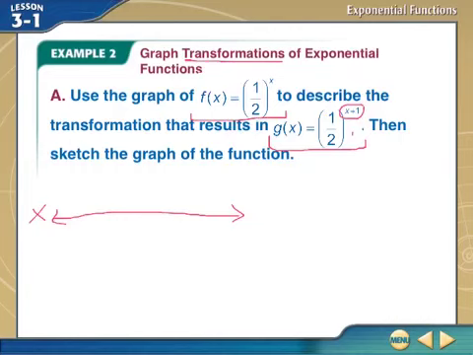So when I see a +1 to this function, when I'm adding 1 to x, it actually takes the original function and slides it 1 unit to the left.